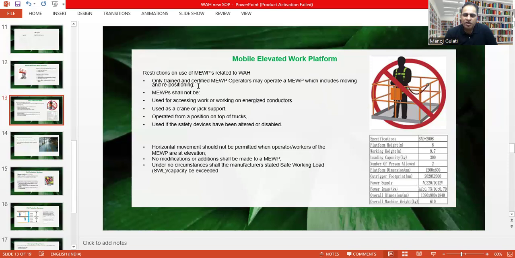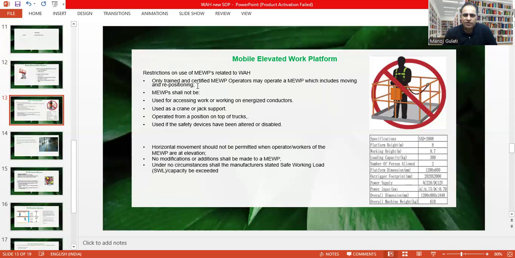Then annually, a Form 11 should be generated. Form 11 is a form issued by DISH certified persons for safe mechanical lifting, so that they certify the load carrying capacity of this machine, issue Form 11, and declare them fit for use for 1 year.